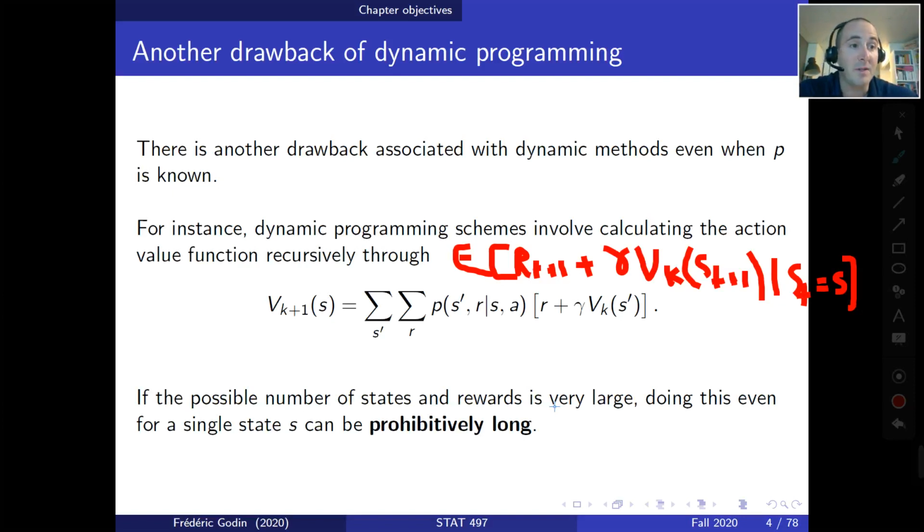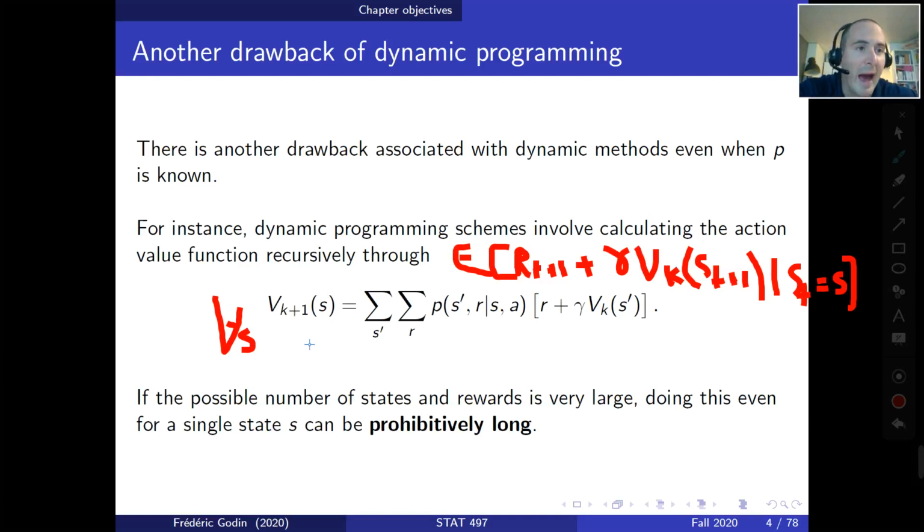And then the first thing we said is that we have to do that for all states S. This is for a single state S, but if we want the function V_{k+1} for all states, we have to do a sweep across all states, and this would most likely take too much time for very large problems.